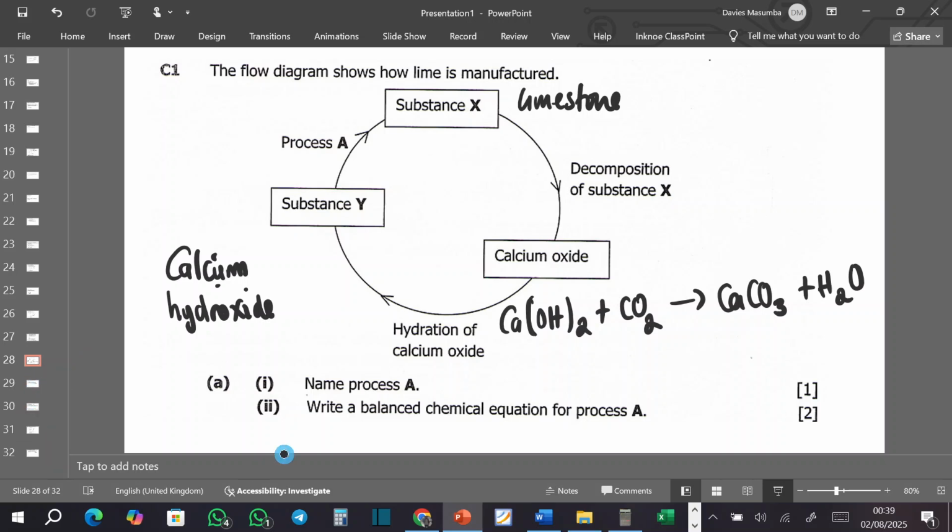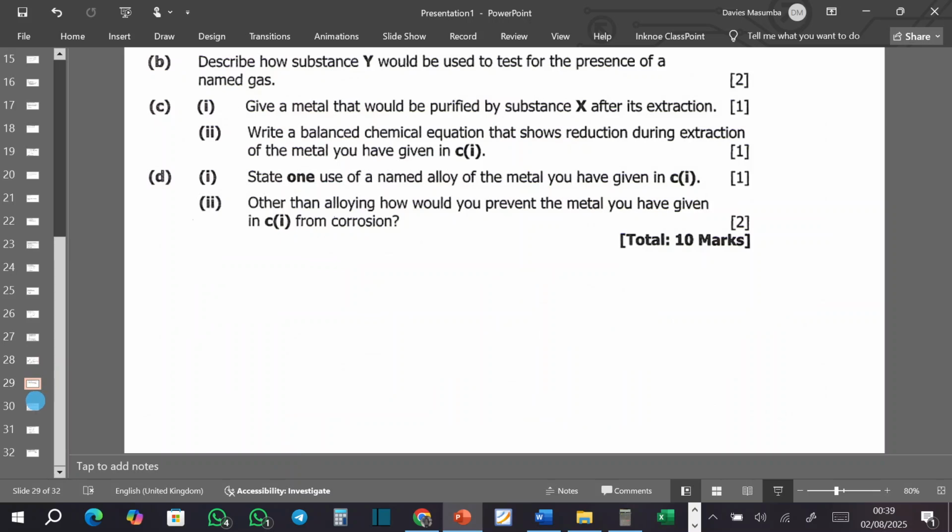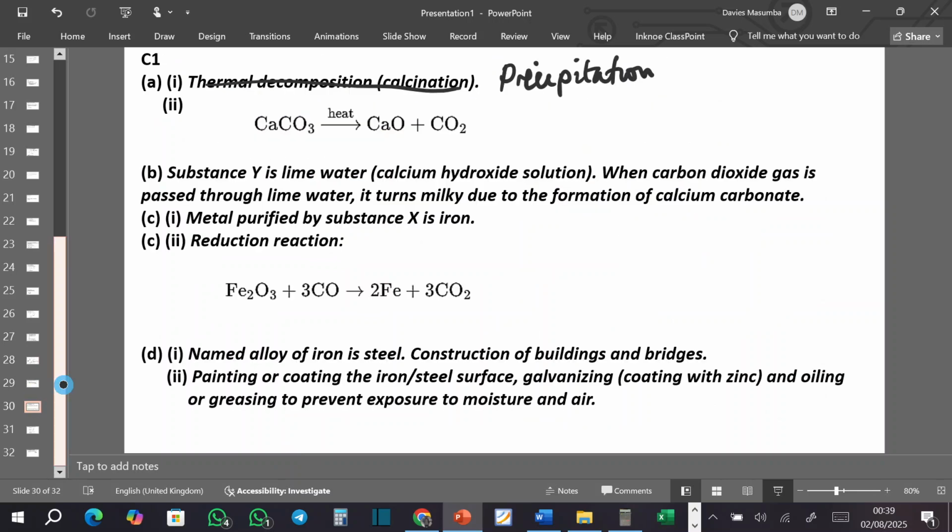So they are saying name process A, this is precipitation, and write a balanced chemical equation for the reaction. So for this reaction, this is the balanced chemical equation. It is calcium hydroxide plus carbon dioxide gives us calcium carbonate plus water.